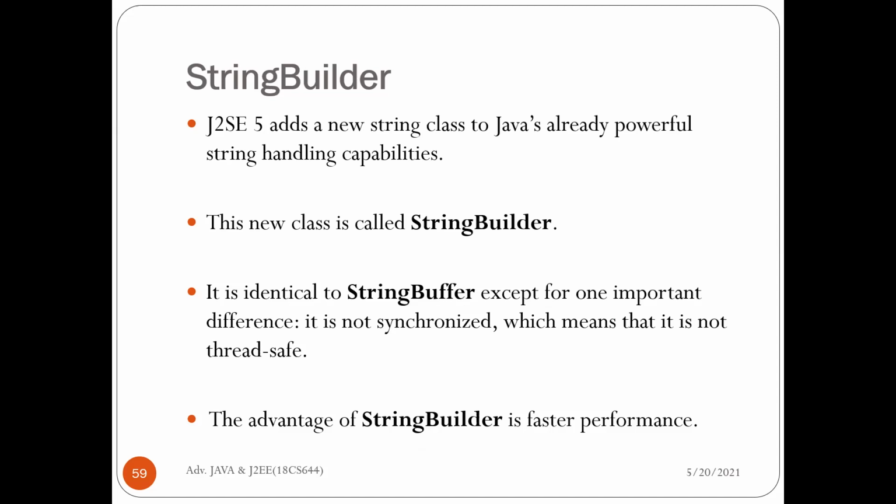If one thread is writing a value, no other thread can read or write the value. That is the thread synchronization which you have studied in operating systems. If multiple threads are there, then the safety is not provided here. Safety here means synchronization.